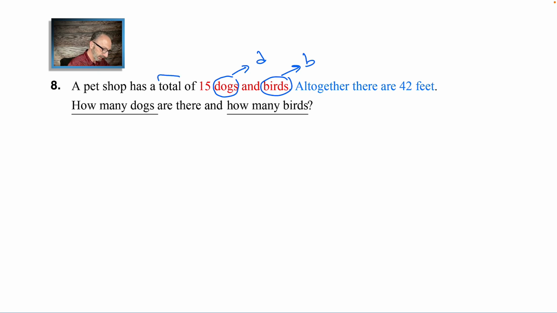When you say total 15, that means the number of dogs, where D represents the number of dogs, plus the number of birds, which is B, that should be 15.